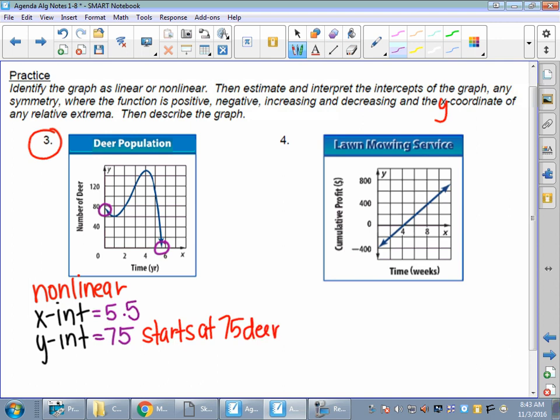The x-intercept tells us the value of x when y is 0. So what does that 5.5 tell us? There are 0 deer after 5.5 years. It's kind of a sad graph. Looks to me like the deer population died out. Is that what it looks like to you?